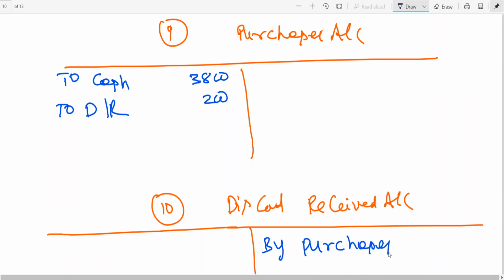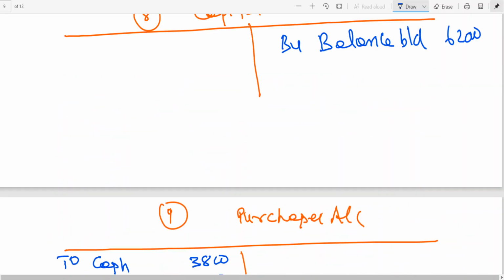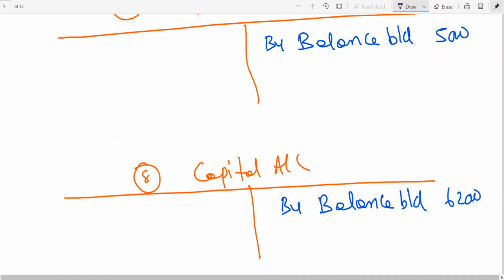Now this is important, and this discount received has been created. So in discount received credit side, you should write the opposite account. What is the opposite account? Purchase. But how much should you write? 200. Simple words.